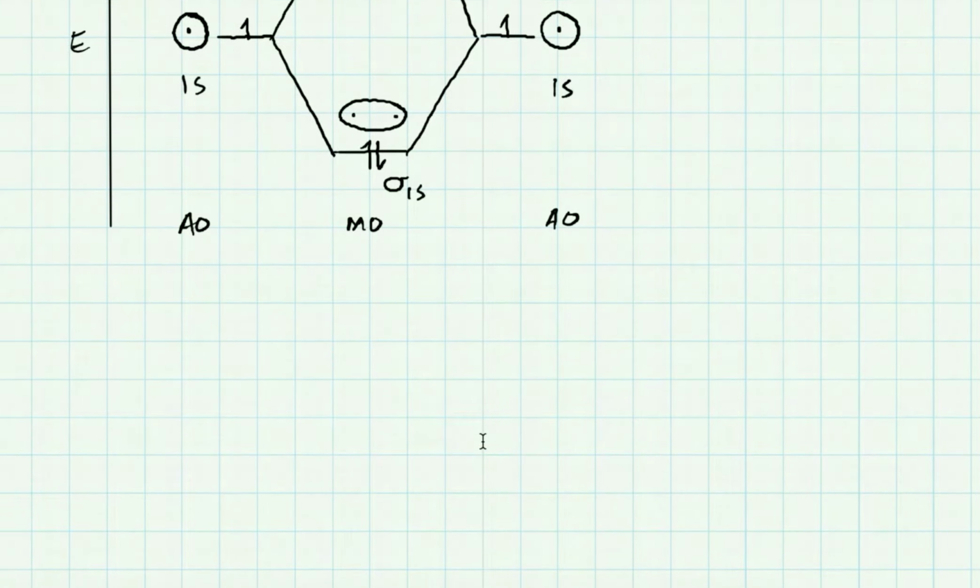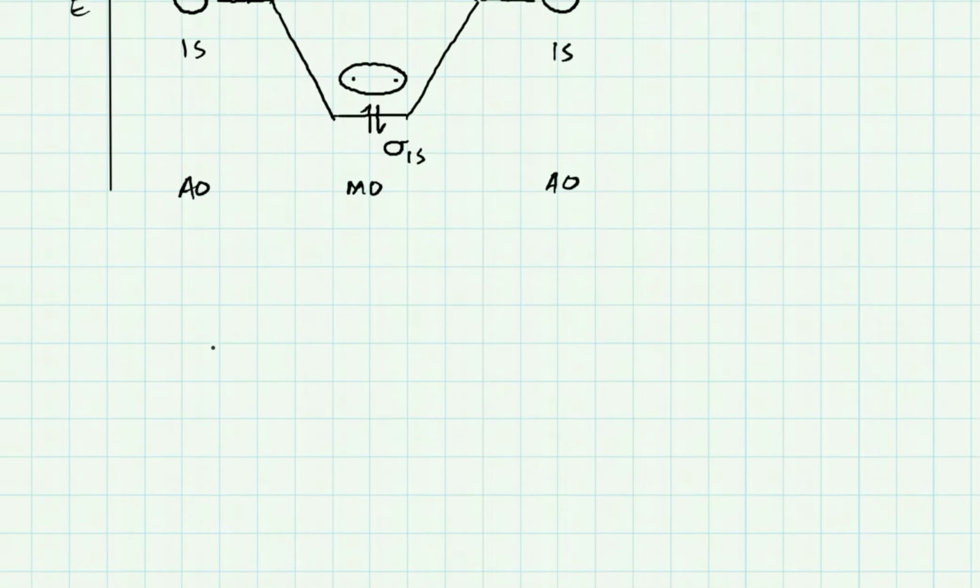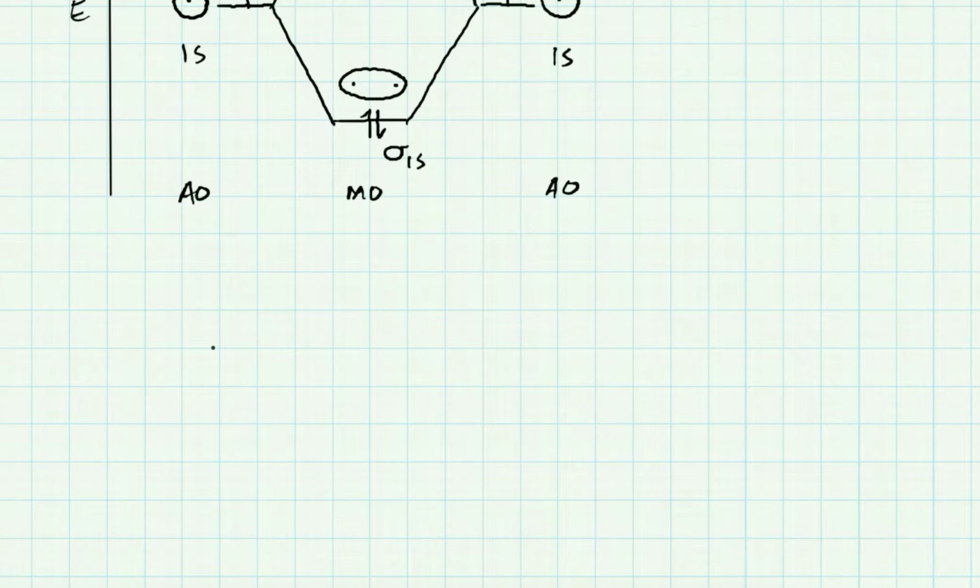Now we look at the combination of another type of atomic orbitals. For example, in organic chemistry, we talk about the second shell, that is in case of carbon, nitrogen, oxygen. These are the common atoms that are constituents of organic compounds.